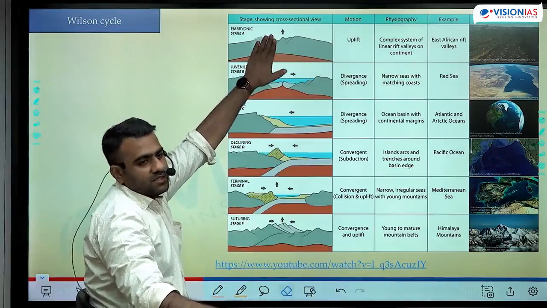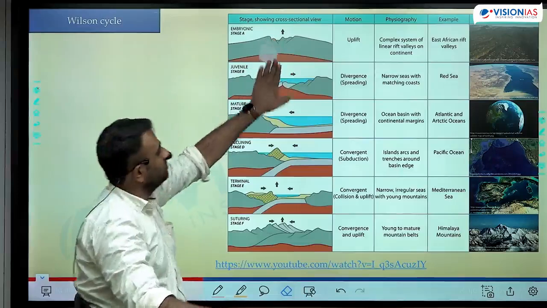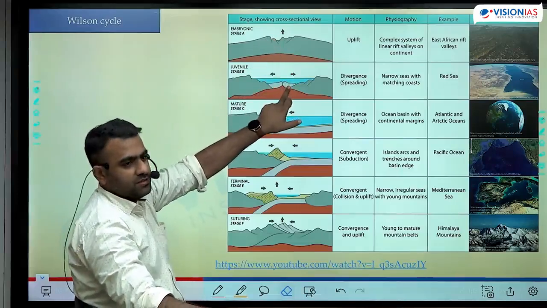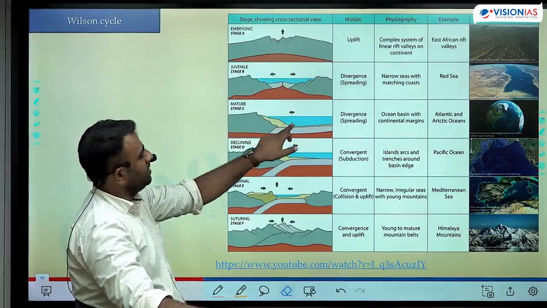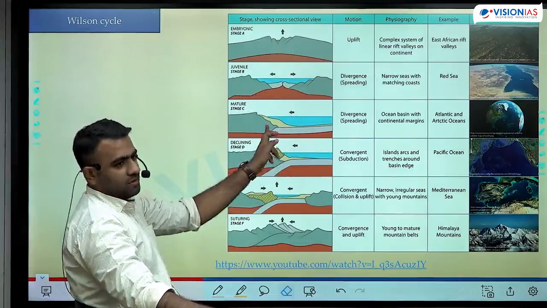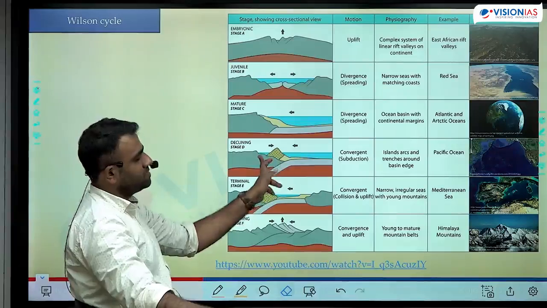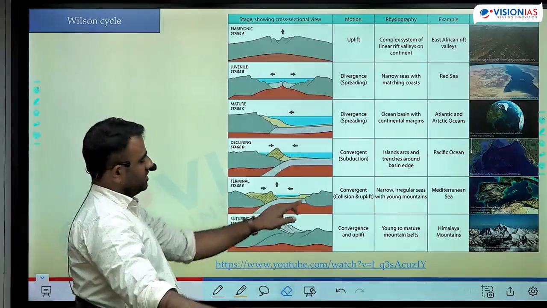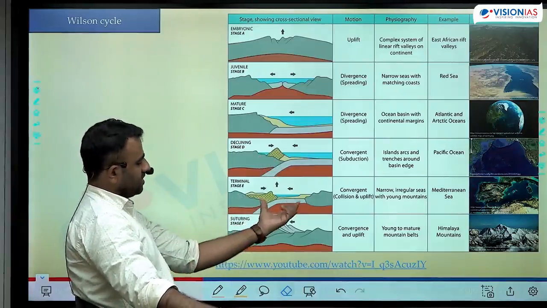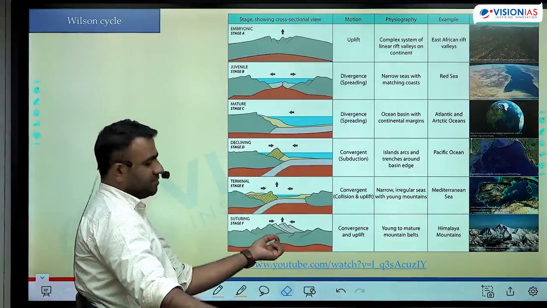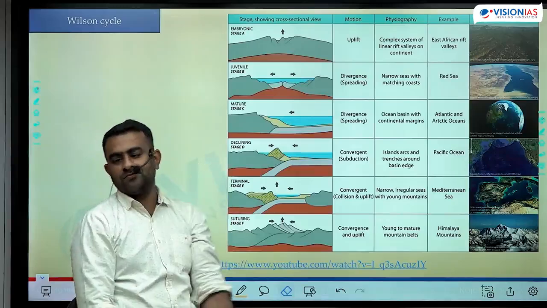Rifting, all of this happened, sea formation, then the ocean divergence. After some time, one of the oceanic plate will start to undergo subduction, ocean convergence, ocean continent convergence. When this entire plate undergoes complete subduction, then again continent convergence, बीच में fold mountain बन गया, अभी दोनों एक ही हो गया.